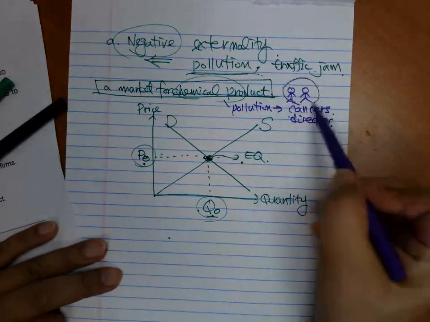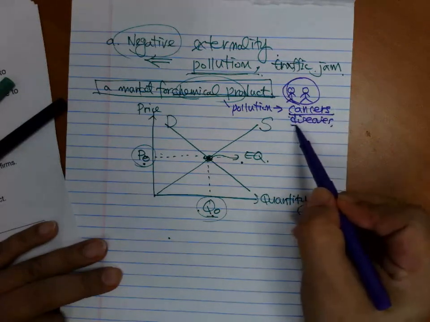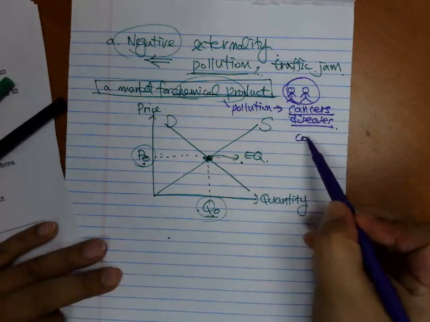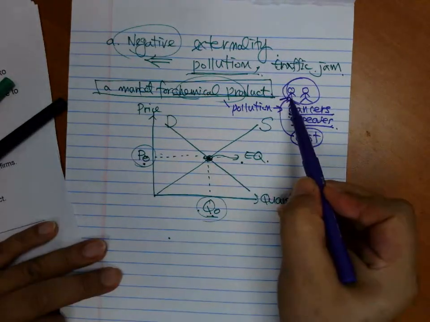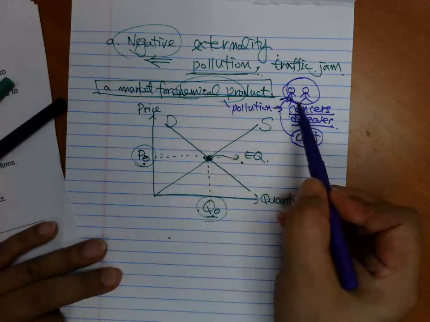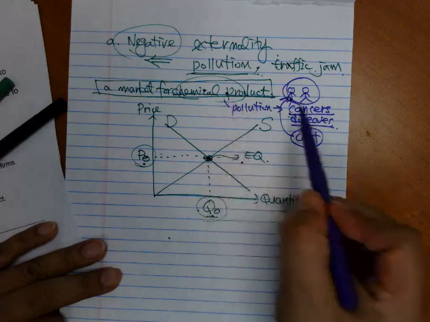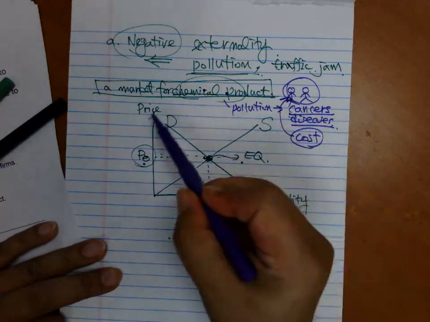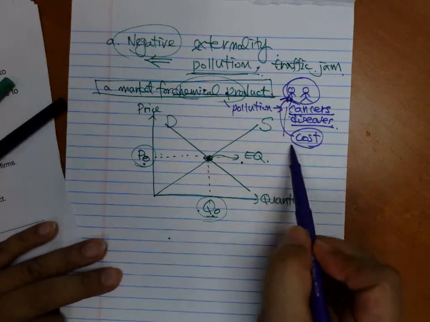These neighbors are not the buyers of this chemical product. These neighbors are not the suppliers of this chemical product. These people are outside of this market, external to this market, but they have to pay some of the cost because of this market. So there is a cost external to this market. Then this case is called negative externalities.